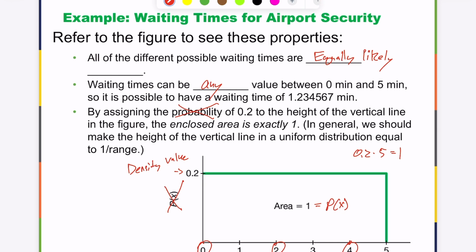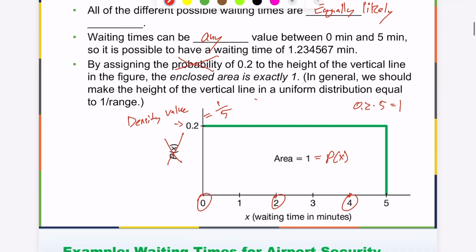In general, we make the height of the vertical line in a uniform distribution equal to 1 divided by whatever the range is, so that when we multiply by the range again in order to get the area, we just get 1. Notice 0.2 is the same thing as 1/5.